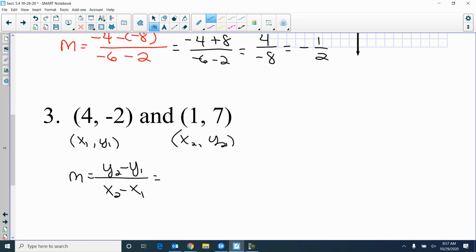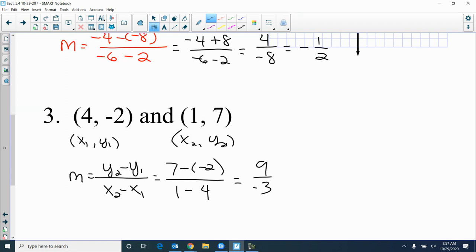All right, Morgan, what order we subtract on top? 7 minus -2 divided by 1 minus 4. Good. 7 minus -2. 1 minus 4. All right, Morgan, what's 7 minus -2? 9. And what's 1 minus 4? 3. Make it -3.